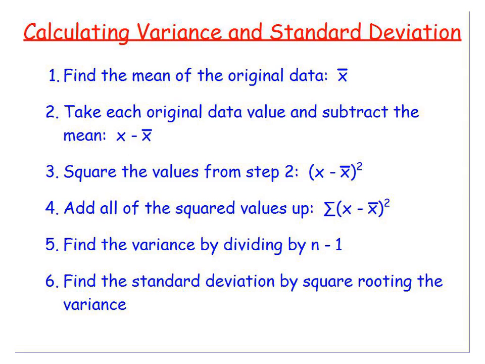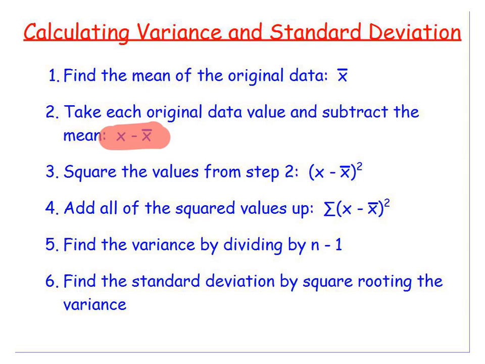The first thing you have to do in order to calculate variance and standard deviation is to find the mean. We all know how to find that. Not a hard thing to do. Then you're going to take each of your original data values and you're going to subtract the mean from them. That's represented by x minus the mean.